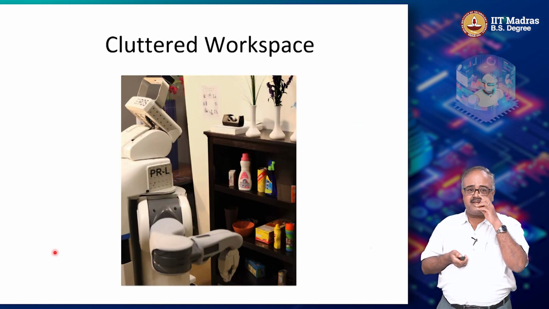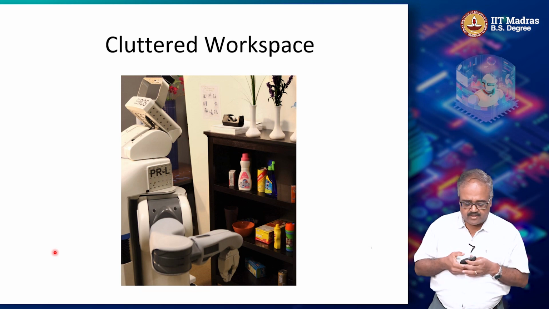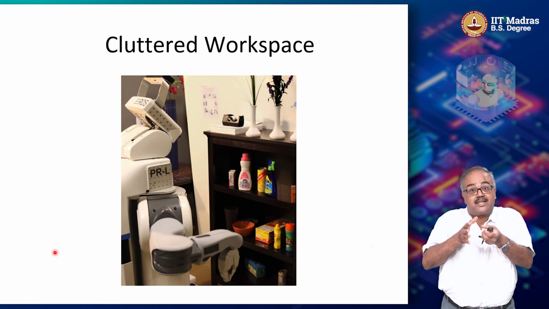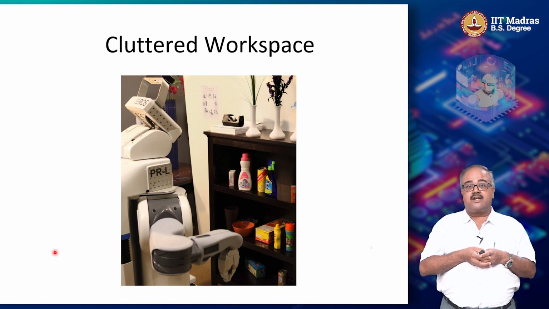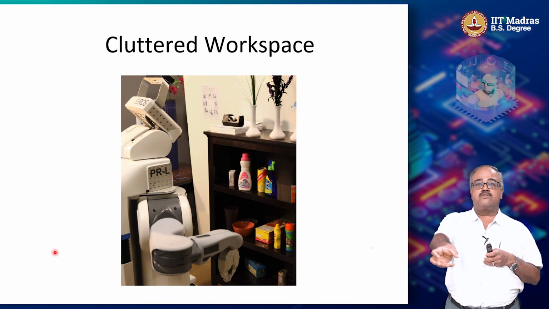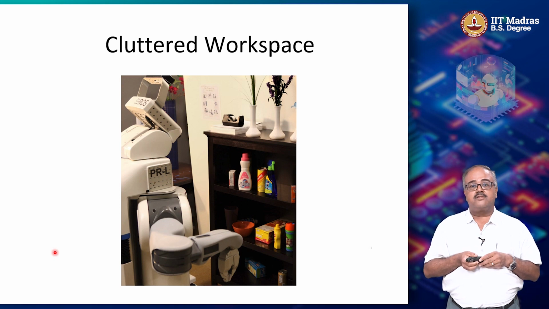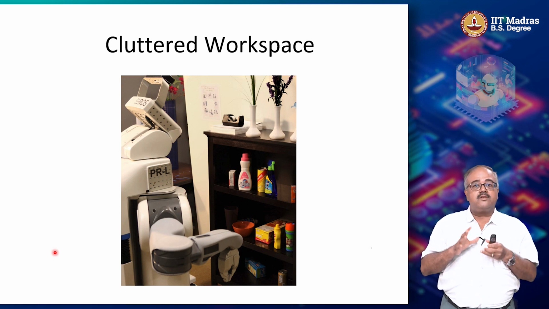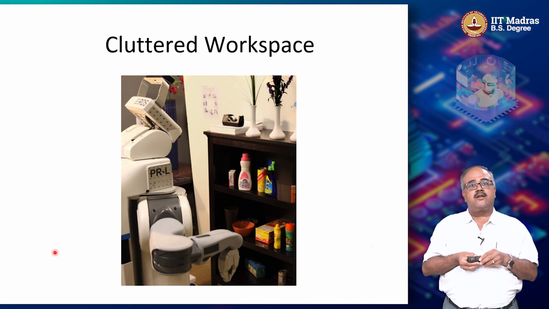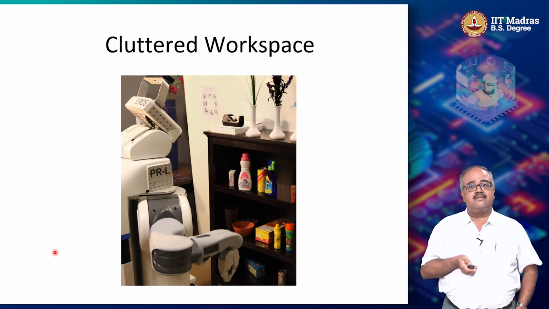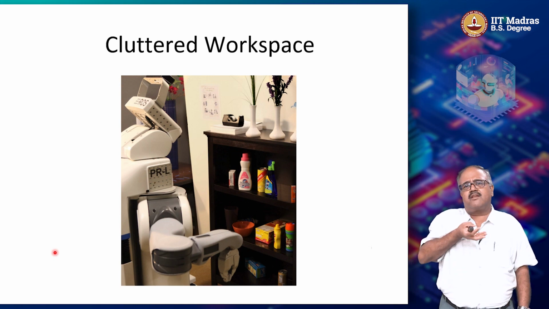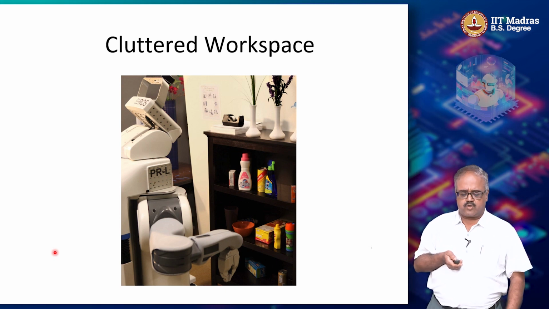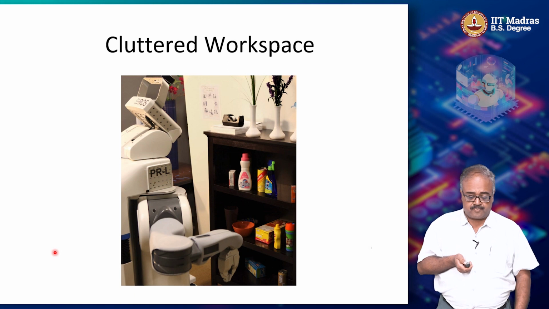Or you are trying to manipulate objects and the whole shelf is crowded with various objects, so you don't have enough room to freely pick up something and come out. You really have to worry about maneuvering. When it gets more and more cluttered and complex like this, just writing simple rules or simple search engines becomes harder. People do solve it that way, but reinforcement learning gives a more convenient handle to work on.